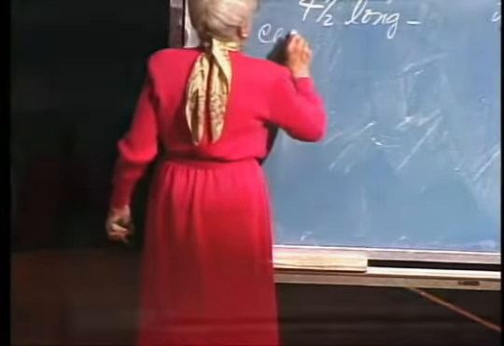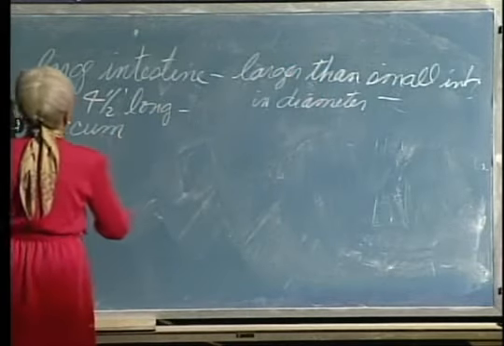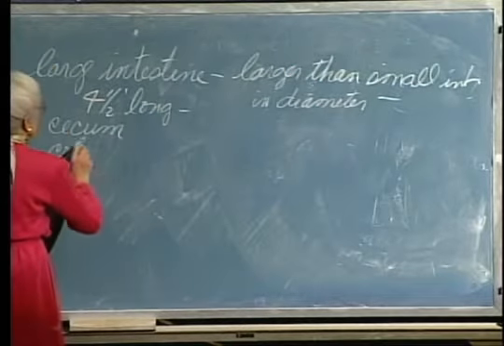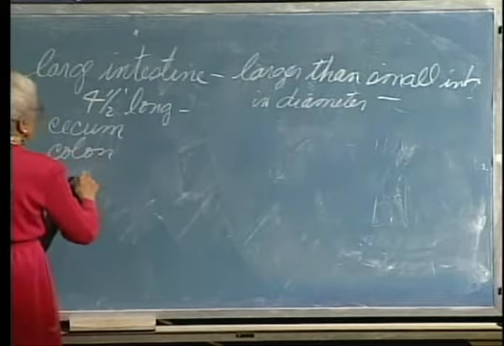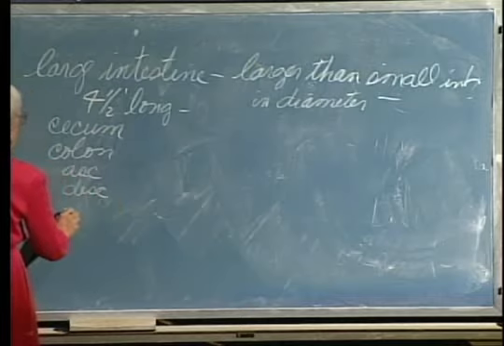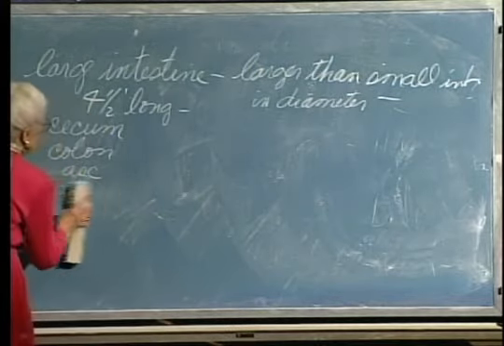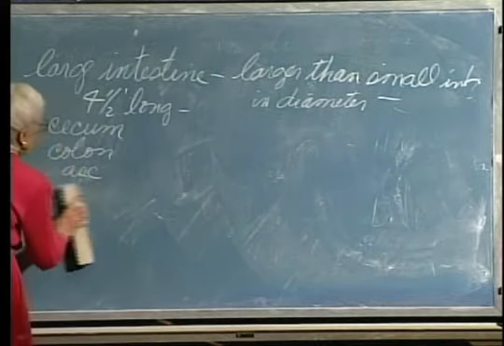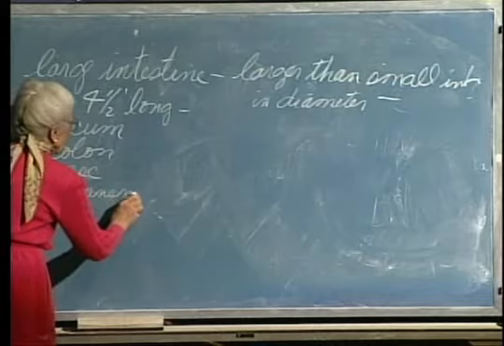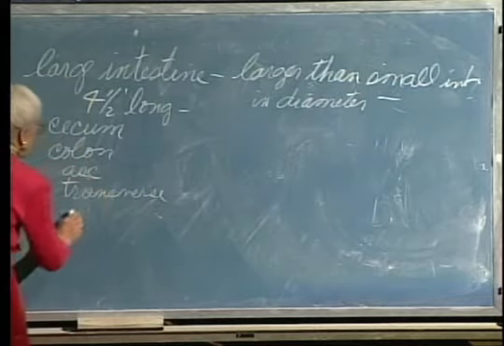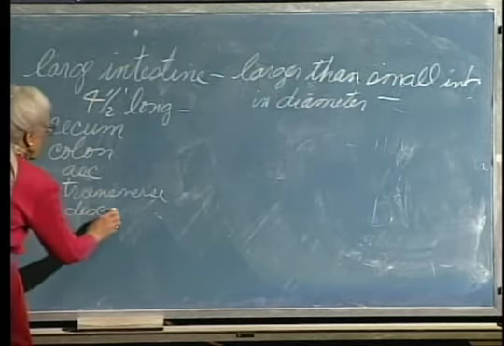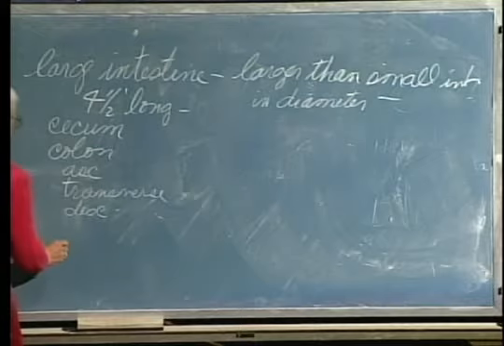The cecum, the colon, and it's the colon that has its various parts. It has the ascending part, the descending part, and no, we've got to put a transverse part in first. A transverse, then a descending, and then what's the last part?